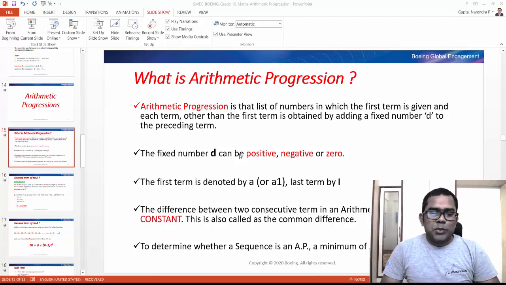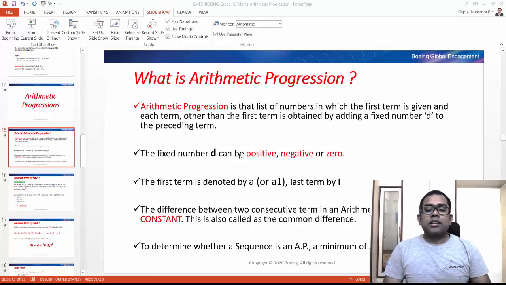In our last video lecture, we learnt about what arithmetic progressions are. Arithmetic progressions are the sequences in which each consecutive term is related to each other and the difference between two consecutive terms is a constant.